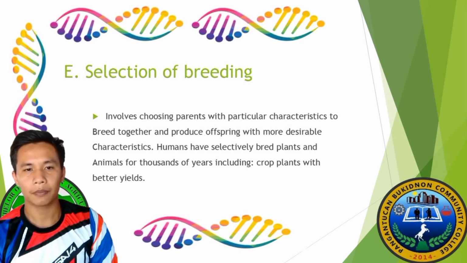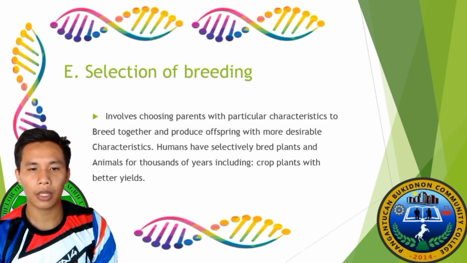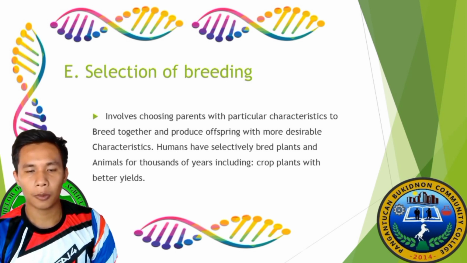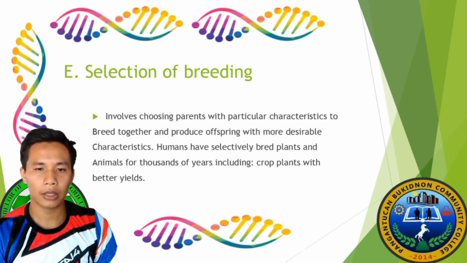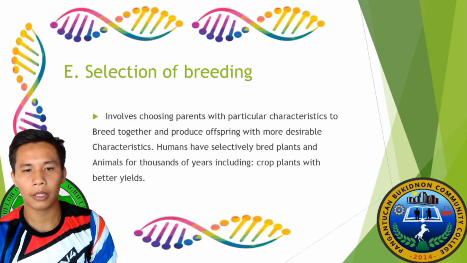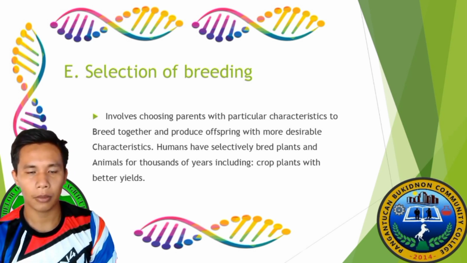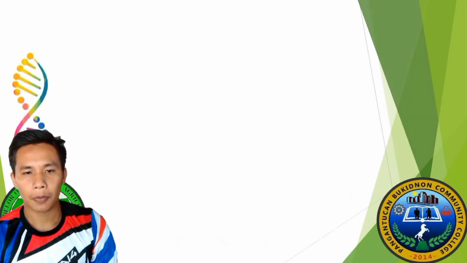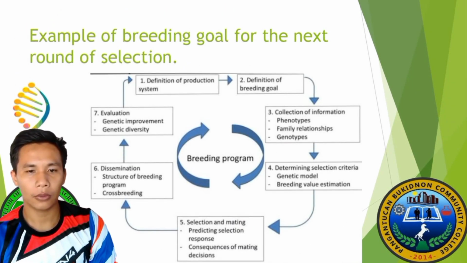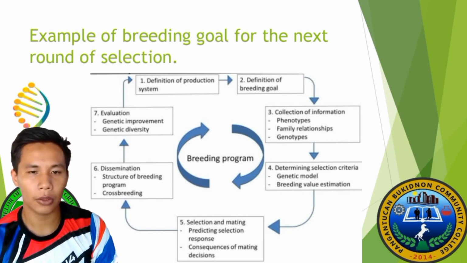Selection of breeding involves choosing parents with particular characteristics to breed together and produce offspring with more desirable characteristics. Humans have selectively bred plants and animals for thousands of years, including crop plants with better yields. Example of a breeding goal for the next round of selection: Number 1, definition of production system. Number 2, definition of breeding goal.